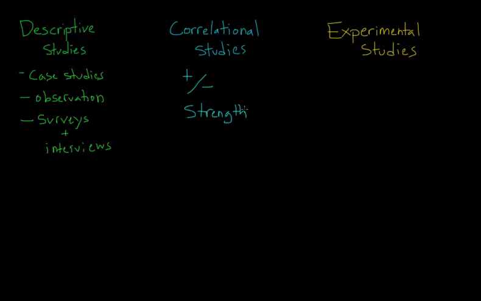If we actually want to look at cause and effect, we have to do experimental studies. And we can do this by manipulating one variable while holding all of the others constant.